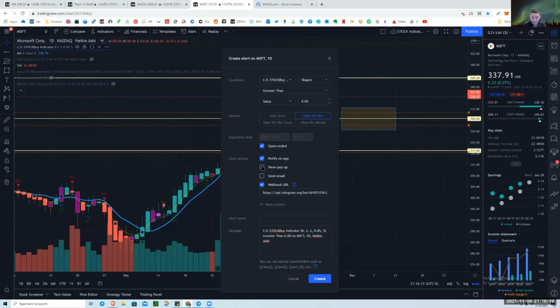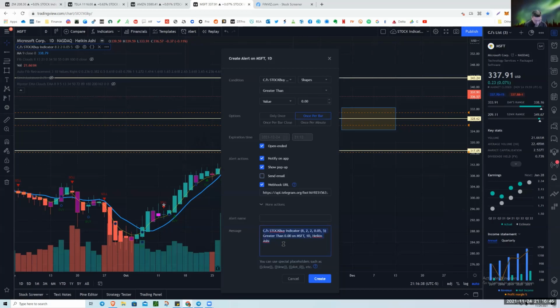So you're on the computer screen and you want that thing to actually pop up so you see it. So click pop up. Do you want to get an email? Do that. It'll send it to the email that you signed up with TradingView. So I would do these two. And this is what it automatically comes out as.